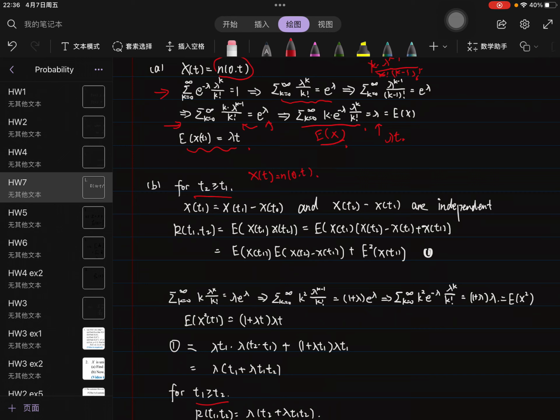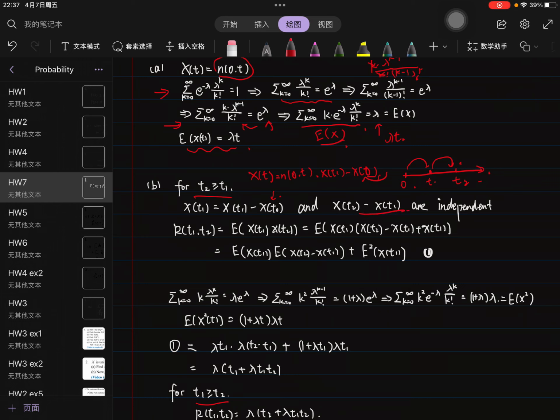So it equals X(t1) minus X(0). I think there should be 0 here. And the second one: there is t1 and t2, with t2 larger than or equal to t1. This time interval is here, and the next interval equals X(t2) minus X(t1).